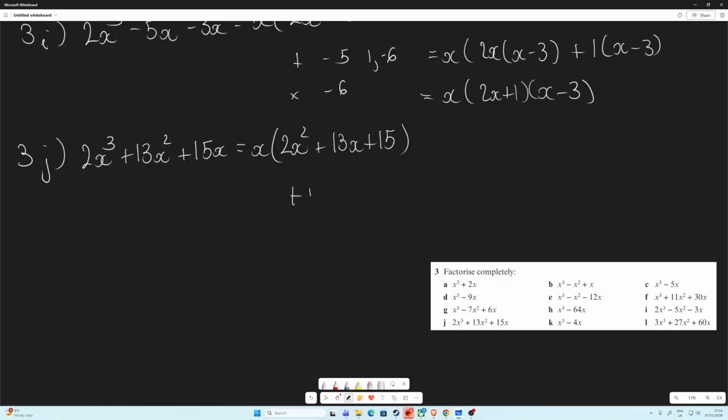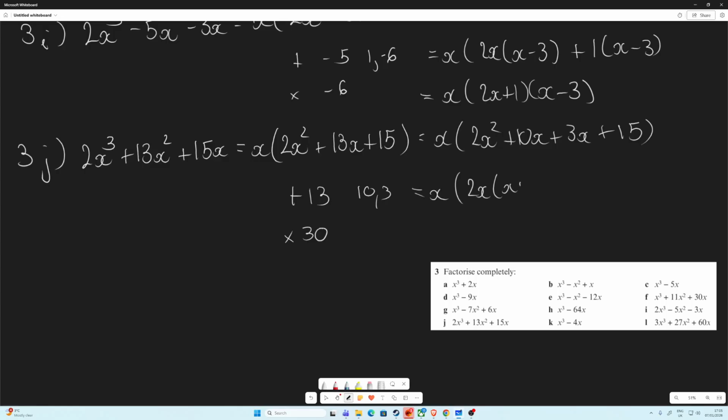So two numbers that add up to 13 multiplied to 30, that's 10 and 3. That's x into 2x squared plus 10x plus 3x plus 15. We have 2x, x plus 5 plus 3, x plus 5.